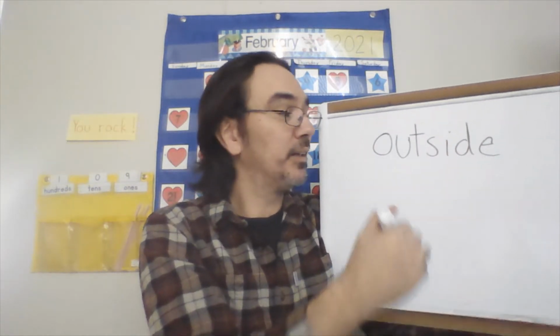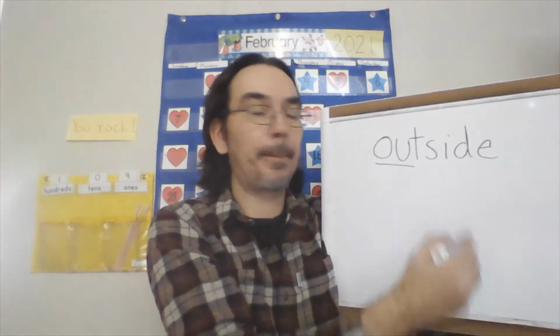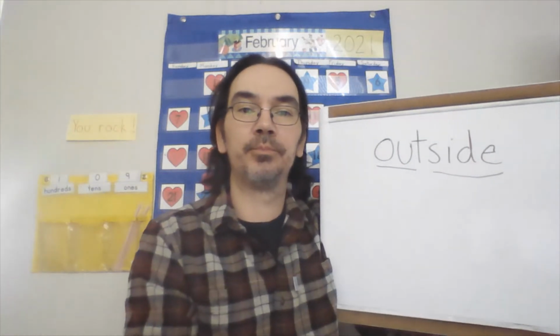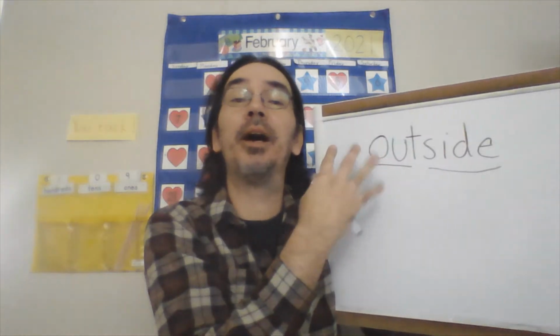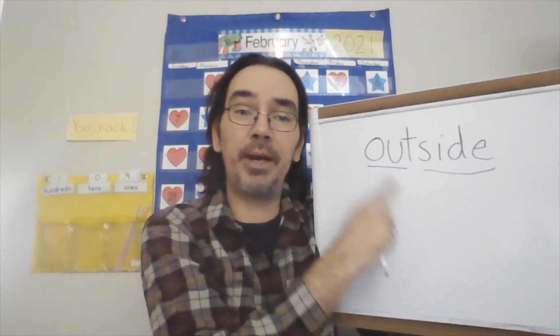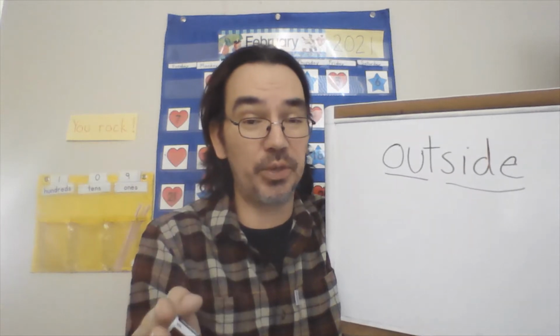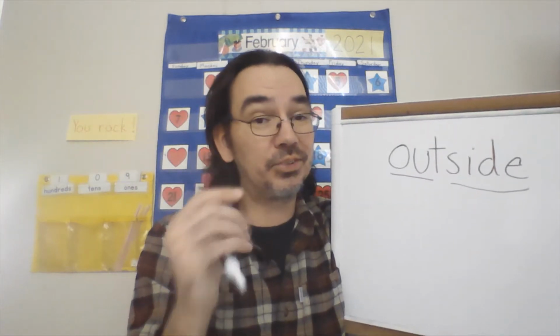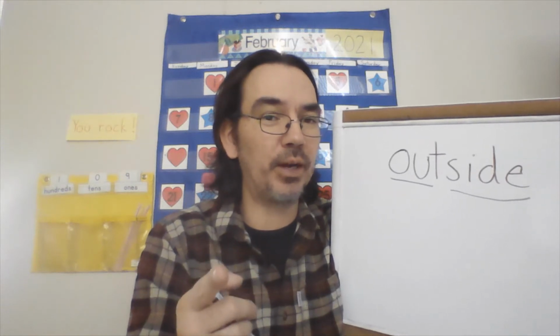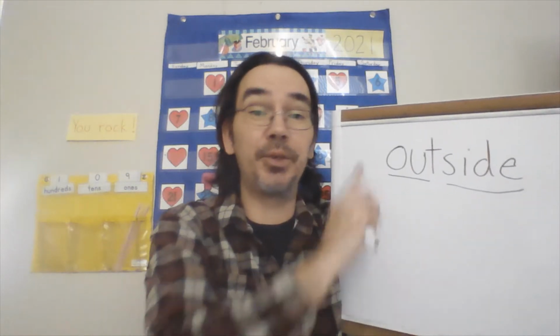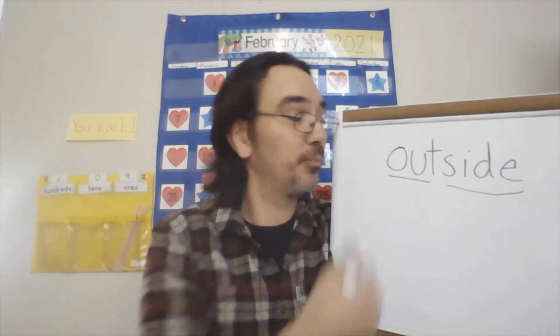Now, outside is made up of out and side. Two words that have come together, are put together, and they make another word. Compound words. Now, we're going to read a story in just a moment here. And in this story, there will be compound words. See if you can pick one out. If you can, put it right there with your IE, IGH words, right? Write your compound word down there.